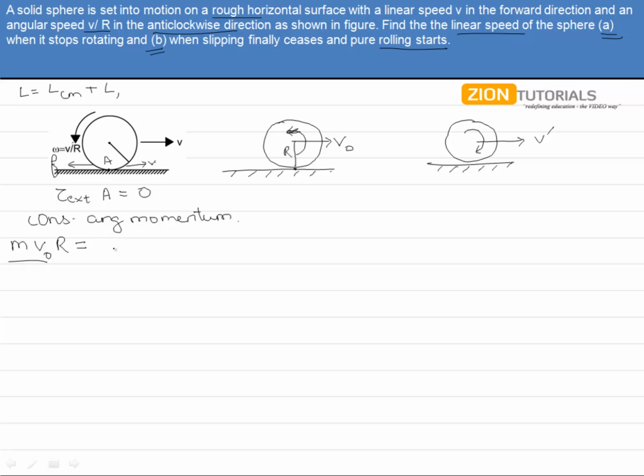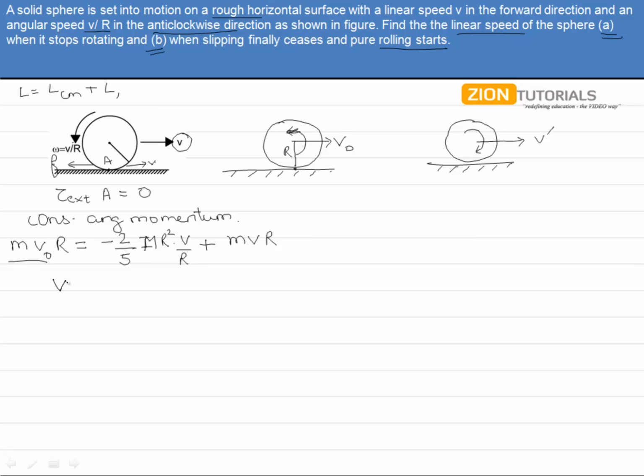Due to the rotation about the center of mass, it is in anti-clockwise direction. So we will write it as minus 2 by 5 I omega, that is 2 by 5 m r square into v by r. And further, due to this constant velocity, it is in clockwise direction, so we will add it up with m v r.